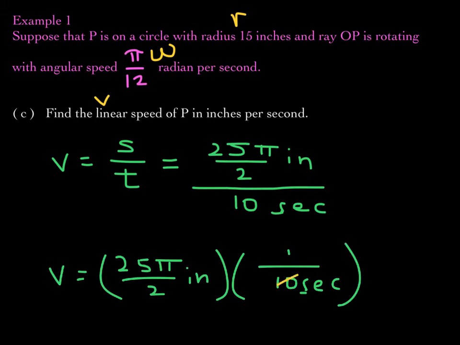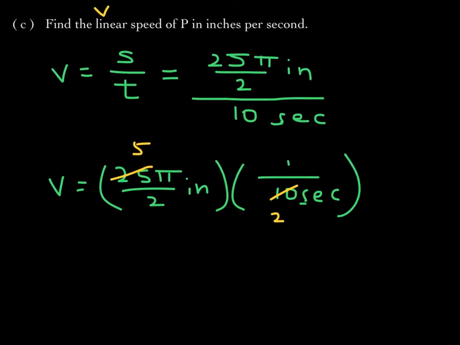The GCF between 10 and 25 is 5. 5 goes into 10 twice. 5 goes into 25 5 times. All right, so then V is equal to 5 pi over 4 inches per second. That is the linear speed of point P, okay? The linear speed.